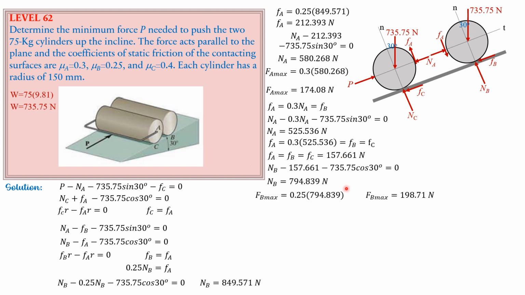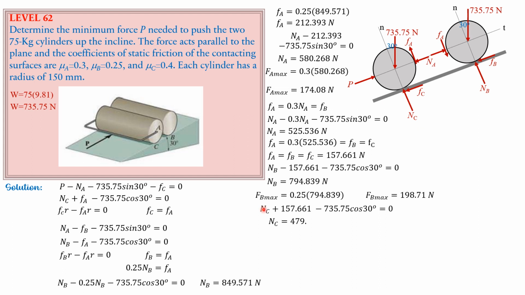Next, let's solve for N sub C into this equation here. N sub C plus FA, which is 157.661 minus 735.75 cosine 30 degrees equals 0.